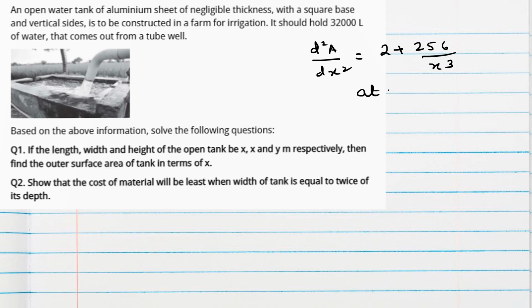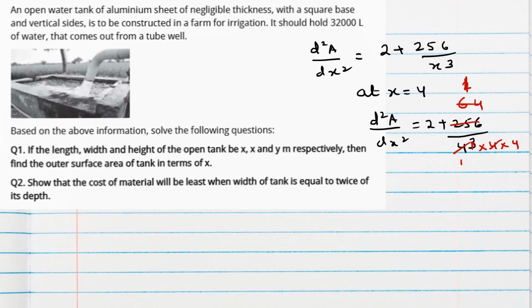So at x equal to 4 we will check whether this is greater than 0 or less than 0, and clearly it will be greater than 0. 2 plus 256 by 4 cube we can write, and then here you can cancel, or you can write 4 3 times, then 1 by 1 you can cancel. 64, then here it will go 16.